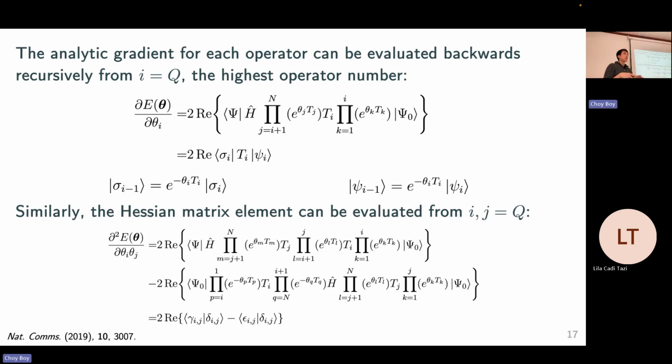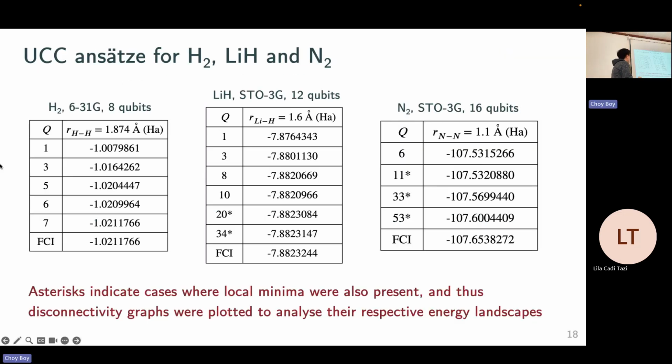In practice, you can convert your UCC operator into a quantum circuit so you can simulate it. However, it's very computationally intensive. So what we did was take the excitation operators and evolve our Hartree-Fock state accordingly. What we get for hydrogen, for example, is the exact FCI, which is nothing unusual.